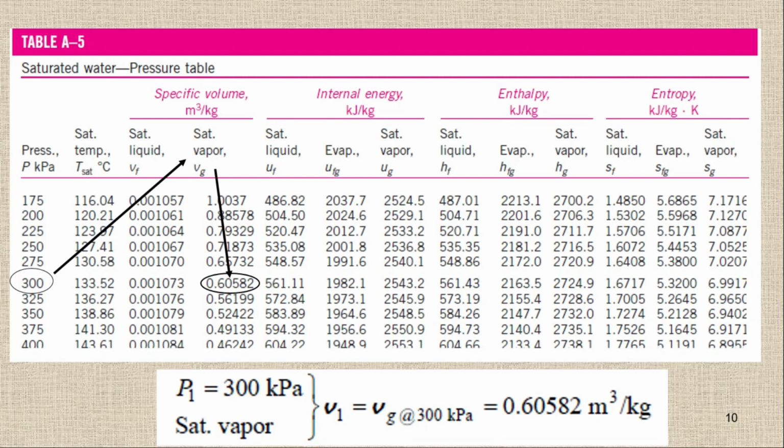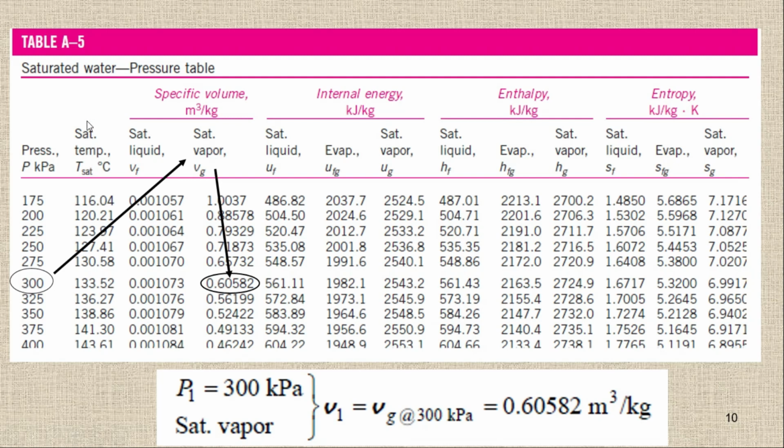At V2, we have the same pressure, which is 300 kilopascal, but the temperature is 200 Celsius, which is more than the saturation temperature.